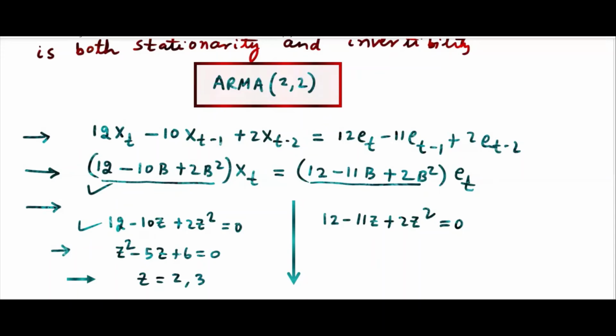Now consider the MA part. If I write this way, if you add you should get 11, if you multiply you should get 24, right? 12 times 2. You will not get 6 and 4, that gives 10. So how can you get 11?